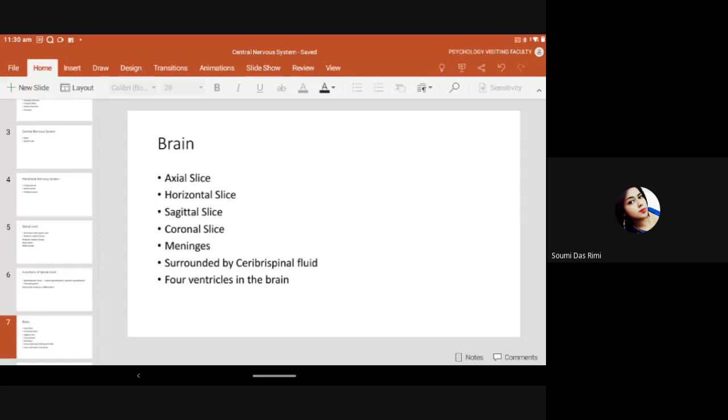The brain keeps growing till one reaches the age of 18 years. It is a very, very delicate organ, and it is protected by a bony structure known as the skull.